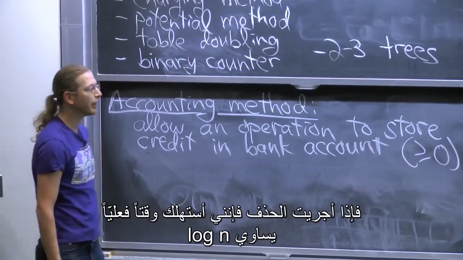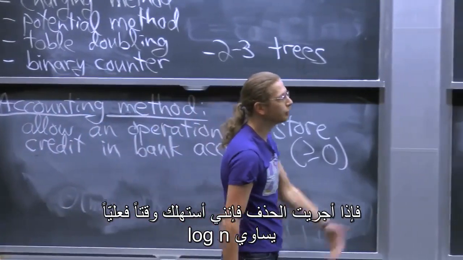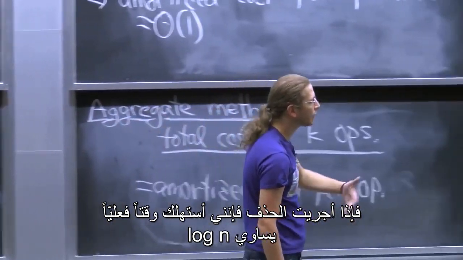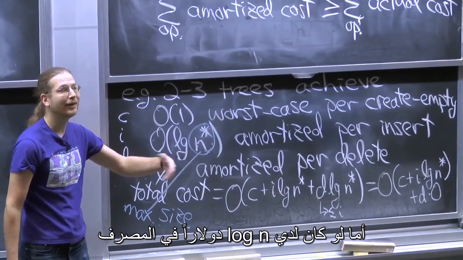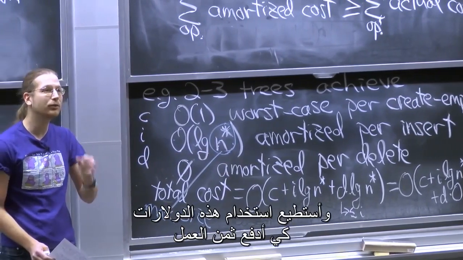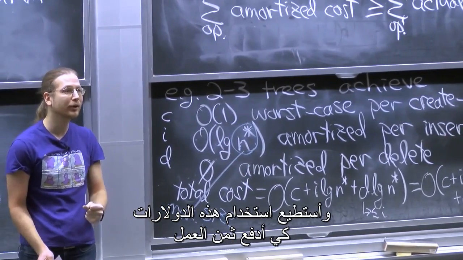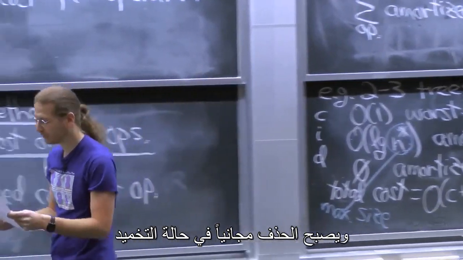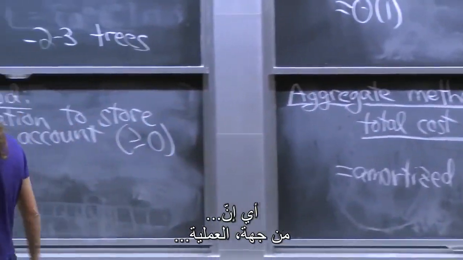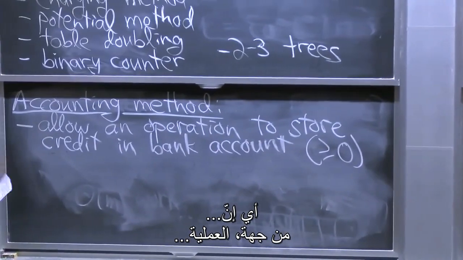So whenever I do a deletion, I spend actual time, log n time. But if I had log n dollars in the bank and I could pull those out of the bank, I can use those dollars to pay for the work. And then the deletion itself becomes free in an amortized sense. So this is, on the one hand, operation.